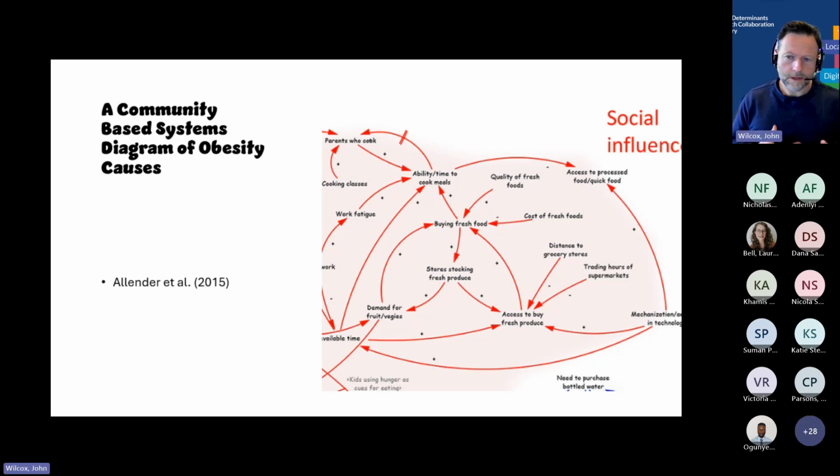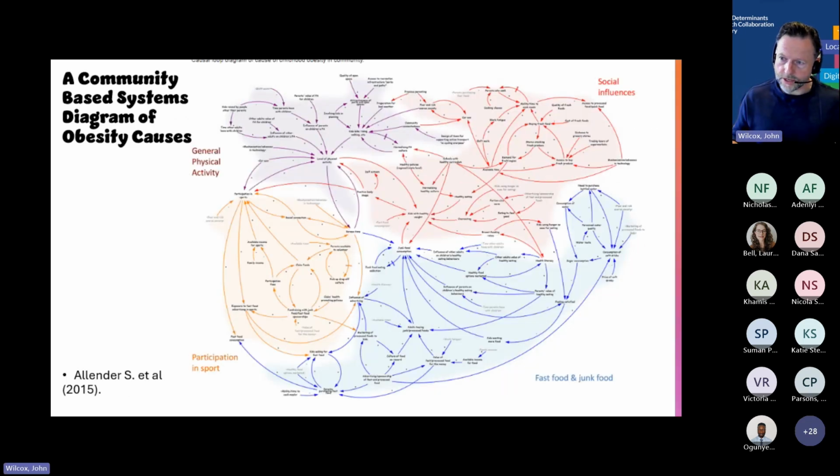So why this method is useful, just stepping back again, is that by getting this system map through work with those multiple stakeholders from different disciplines working on a complex public health issue, it helps us understand the system issues in that particular public health issue, and then, moving on to the next step, it will help us identify where to intervene by understanding that system, and then think about ripple effect evaluation.